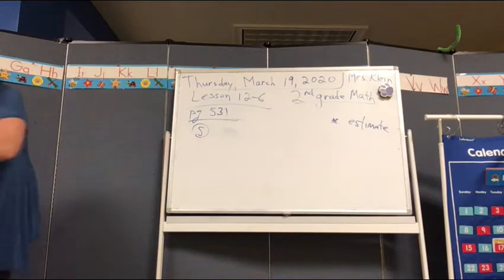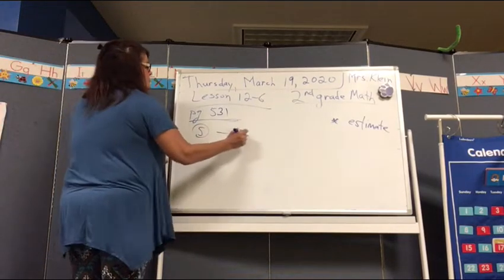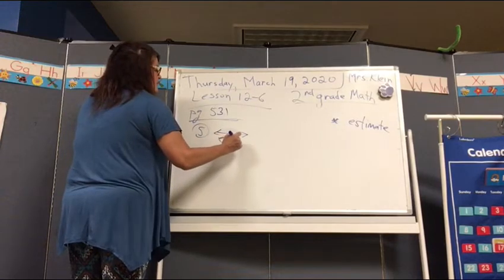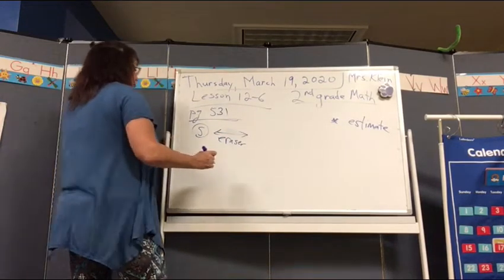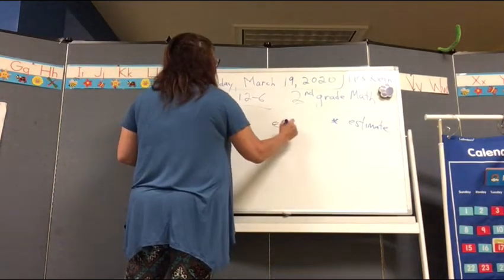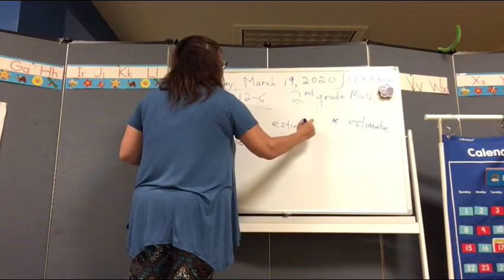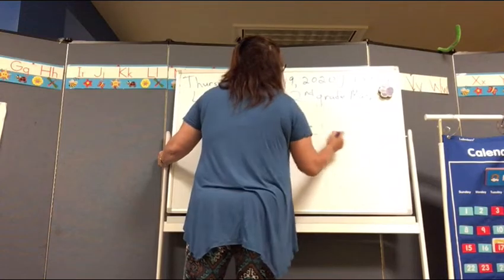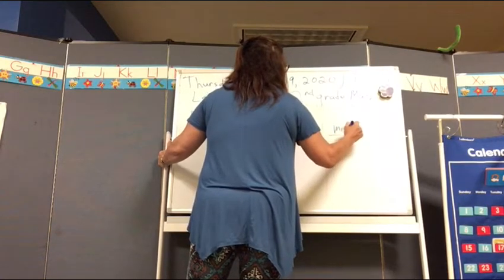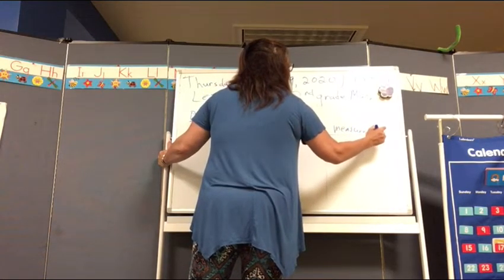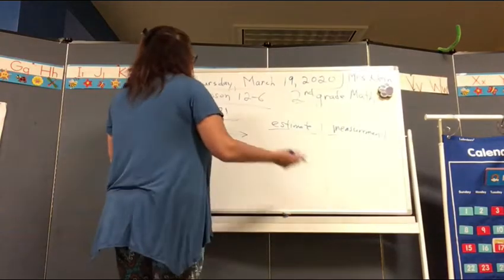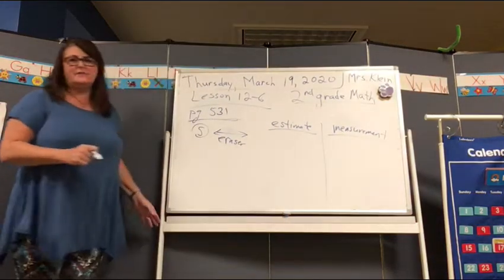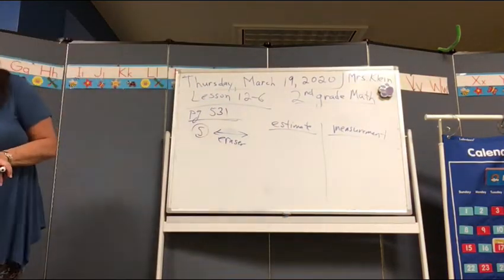So get out an eraser. You're going to do an eraser first. Put down your estimate and then you're going to put down your measurement. And see how close you are from your estimate to your measurement.